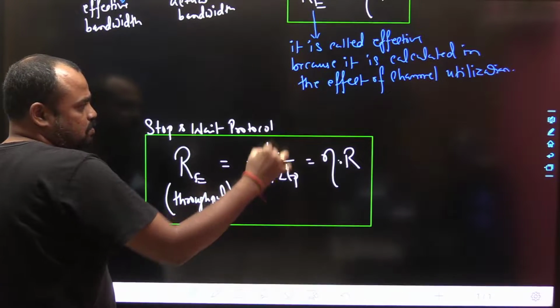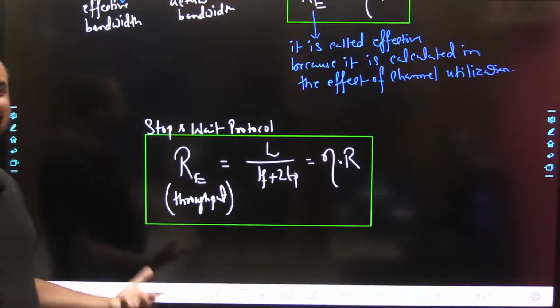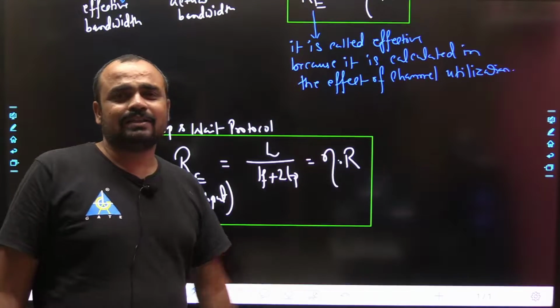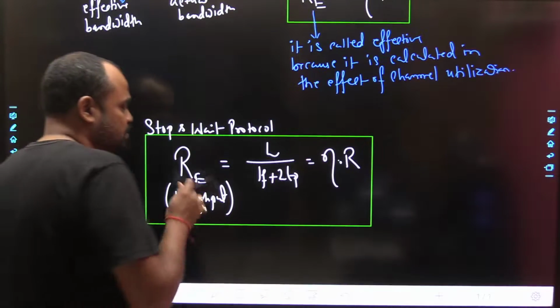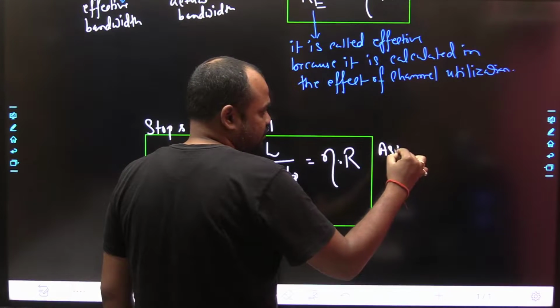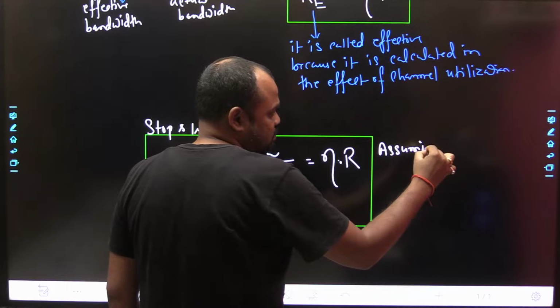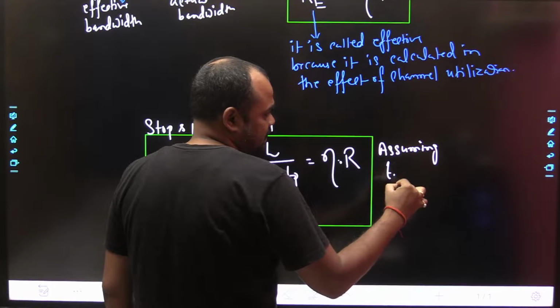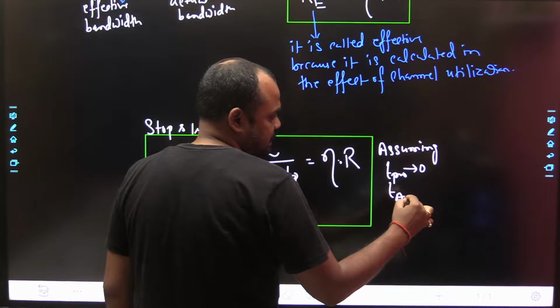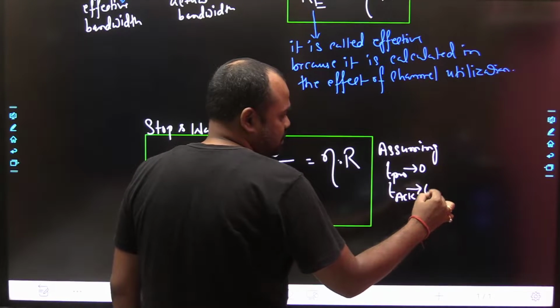According to the data given inside the questions, either you can use this formula or this formula. This formula we have written assuming that the T of processing is tending to 0 and the T of ACK is also tending to 0.